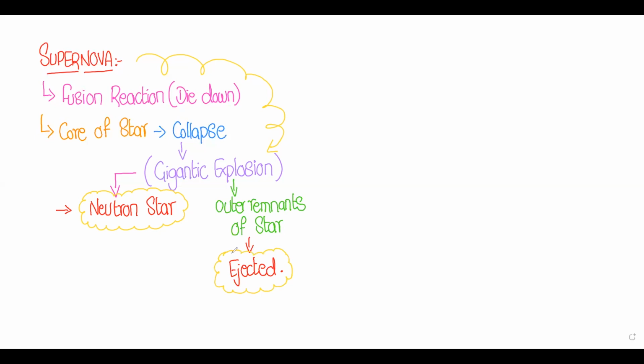So after neutron star, we know that we will also get the black hole over there. So finally, after that star, we also get the black hole. So if we talk about the final stage of the other side, that will form the black hole.